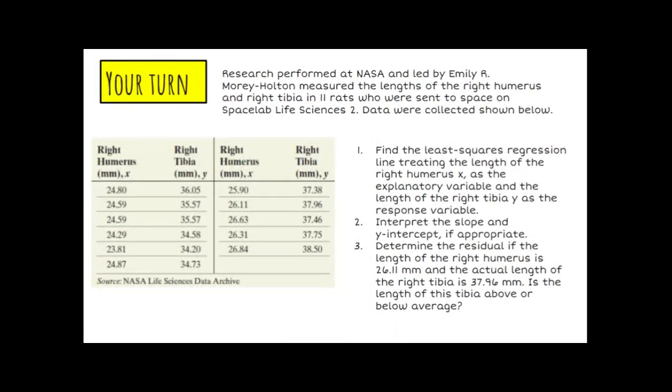And then interpret the slope and intercept if appropriate, and also determine the residual if the length of the right humerus is 26.11 and the actual length of the right tibia is 37.96 millimeters. Is the length of this tibia above or below average?